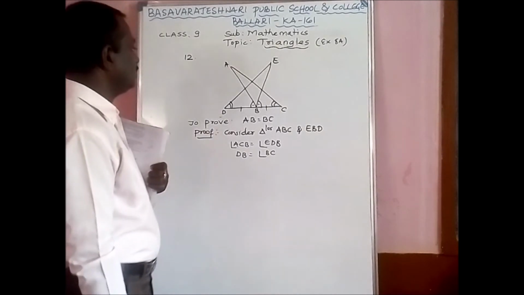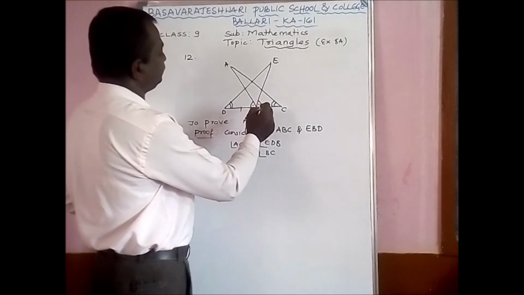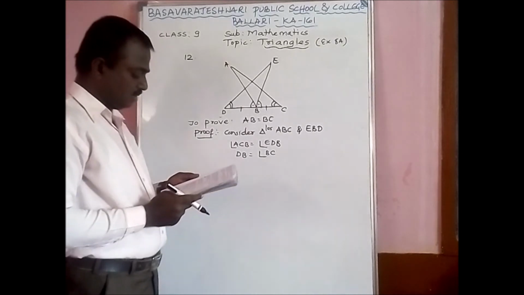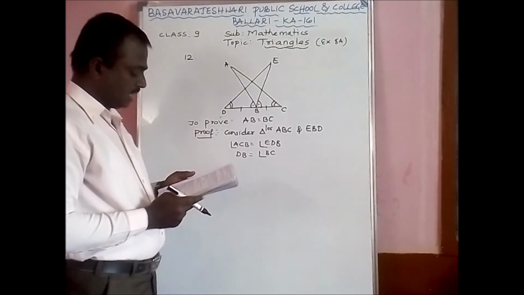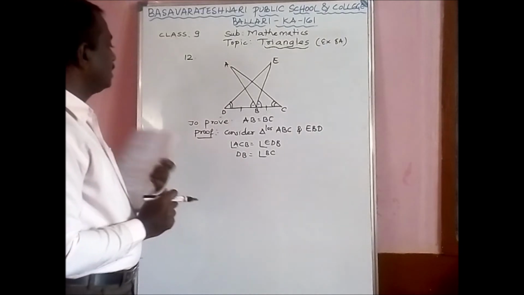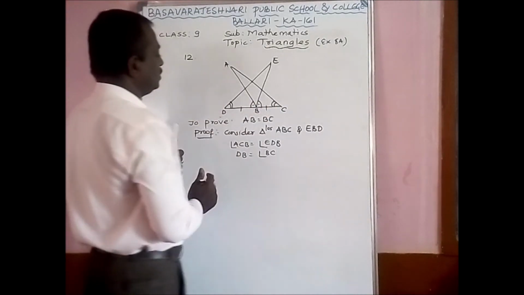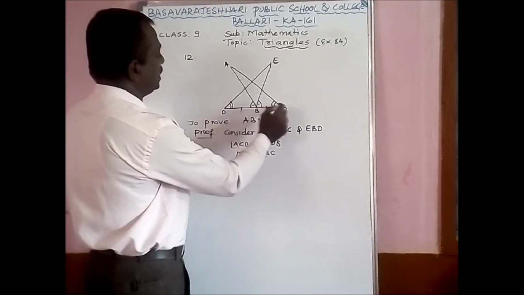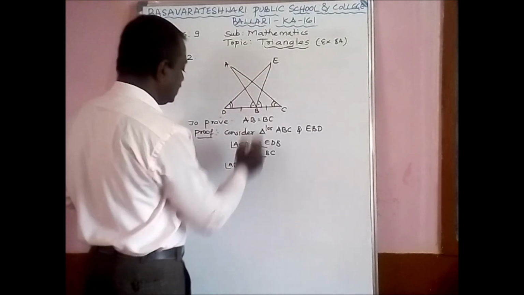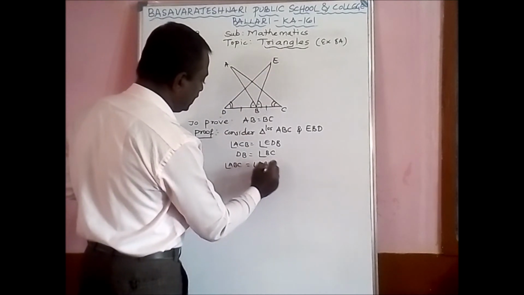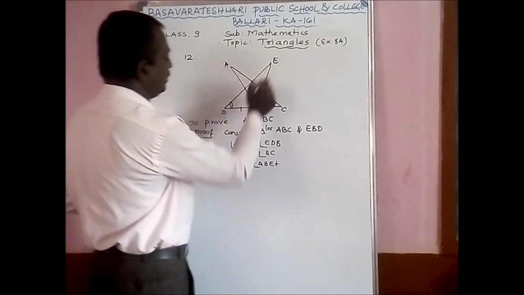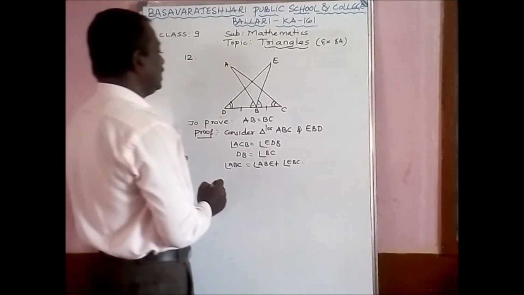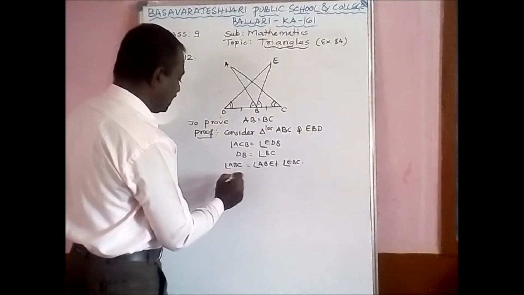One more angle is also equal. If you see in the triangles, angle ABC is equal to, how many angles are there in angle ABC? Angle ABE plus angle EBC. Correct? Similarly, in angle EBD, how many angles are there?